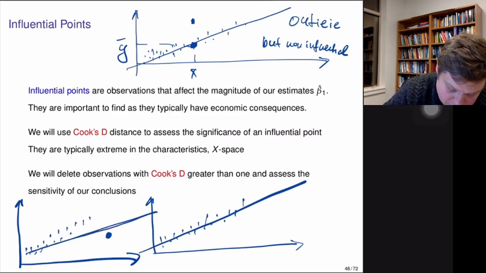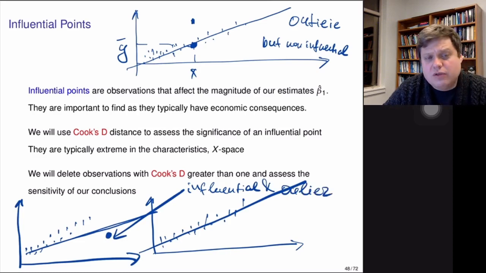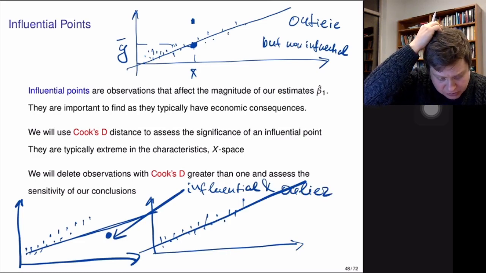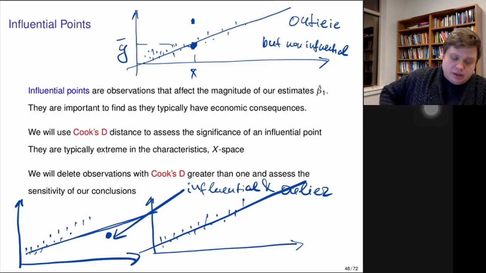Then we say that this point is influential, and it's also an outlier. Usually all of the influential points will be outliers, but not all the outliers will be influential points. In order for a point to be influential, again, it needs to be far away from the x bar, y bar location.